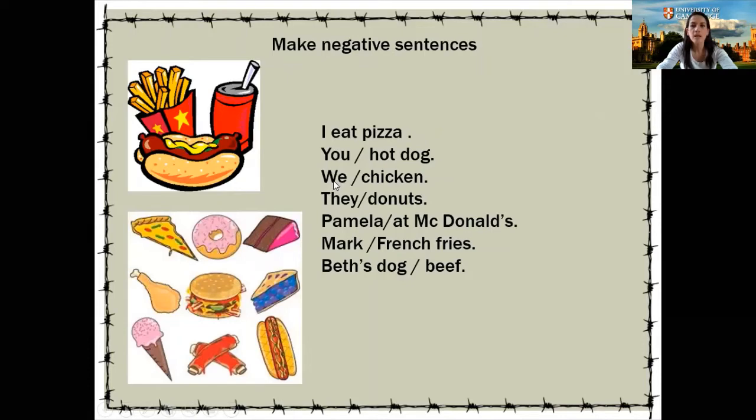We eat chicken. Perfect. They eat donuts. Remember this: Pamela eats at McDonald's. Mark eats French fries. And Beth's dog eats beef. Okay, remember that.